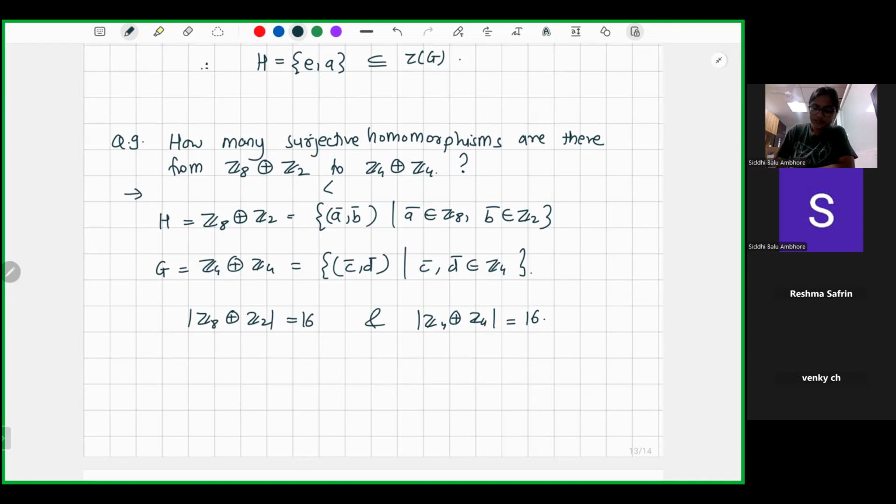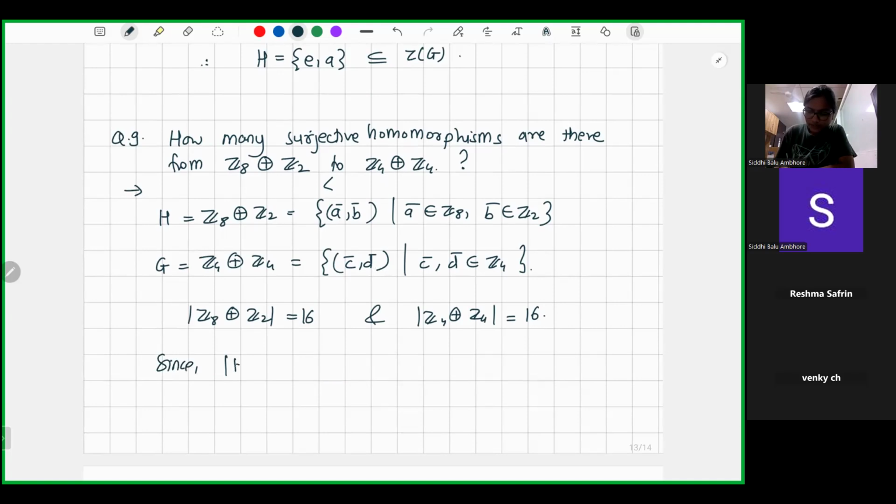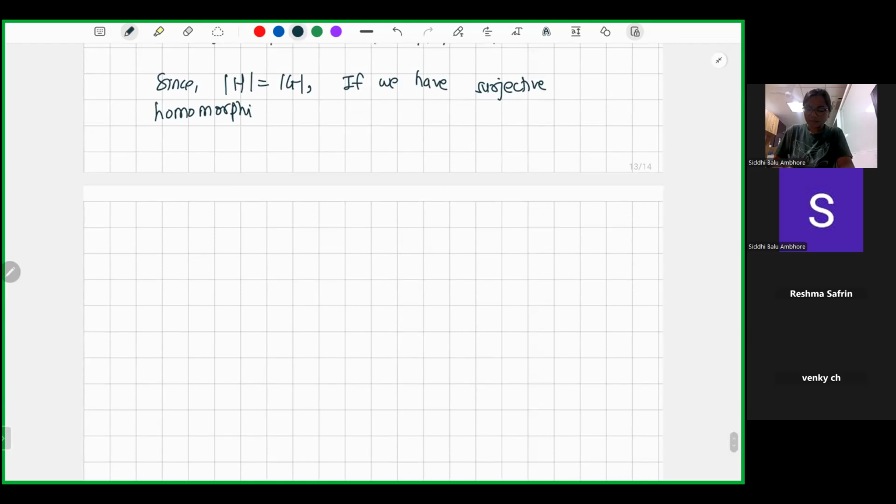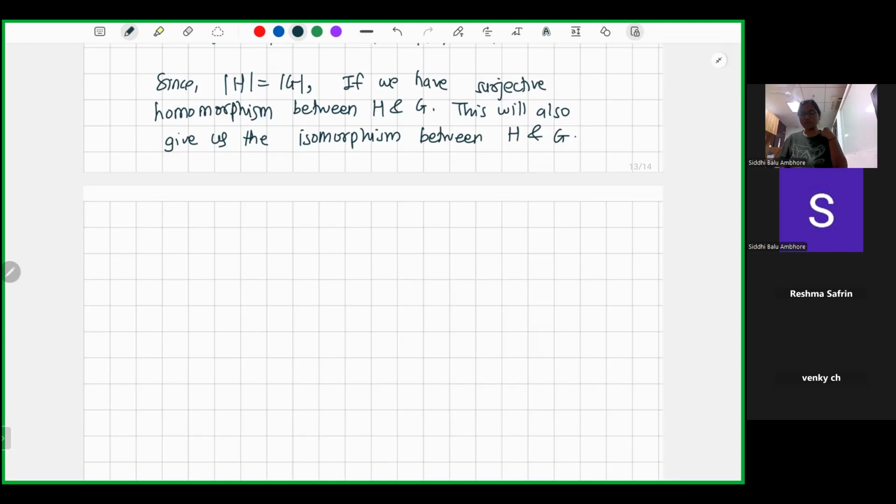Let me write that down. Since the cardinality of H is equal to the cardinality of G, if we have a surjective homomorphism between H and G, this will also give us the isomorphism between H and G. Are these two groups isomorphic?